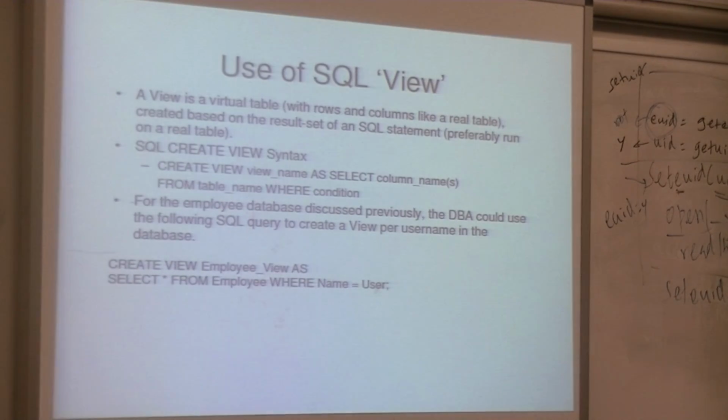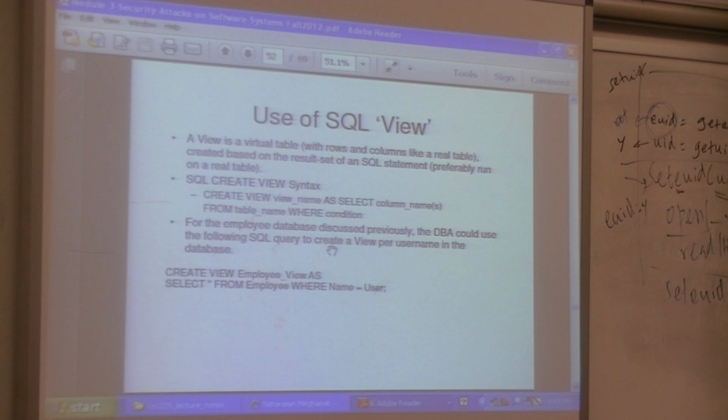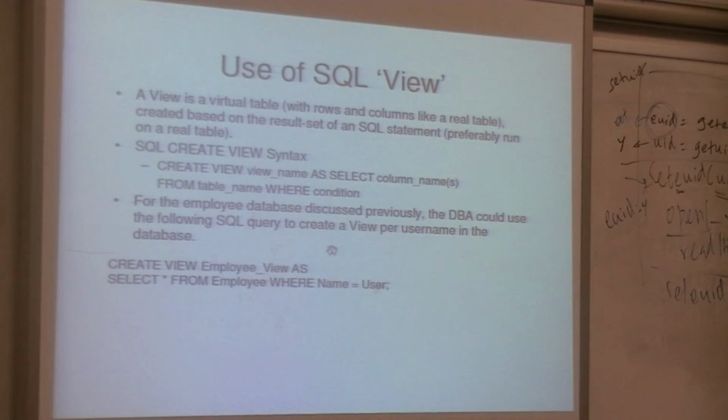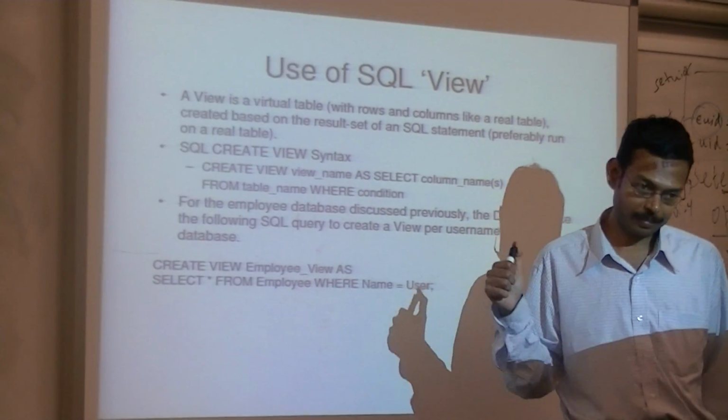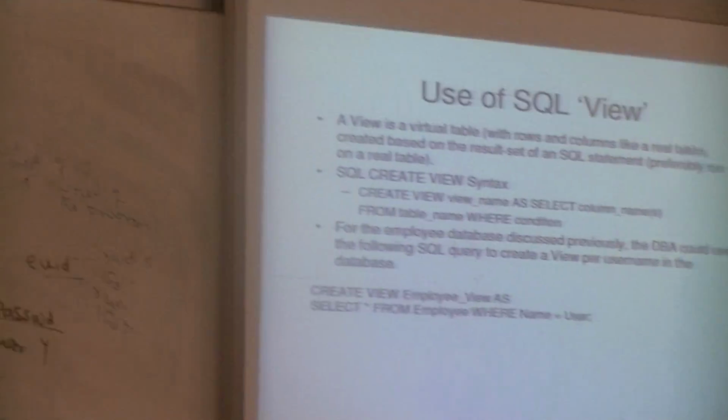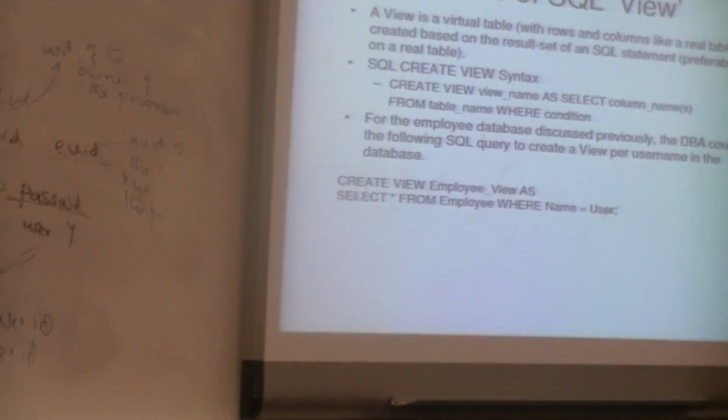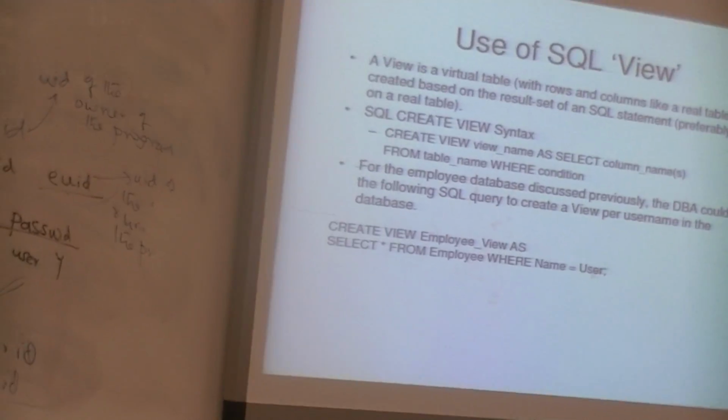Okay, one solution. We are going to discuss a couple of solutions, probably not everything today, but one solution is using what's called views. Have you used views in SQL? You should have used it somewhere in the database course. Each user can create what's called a virtual table. So the employee table that we saw is an actual table, right?